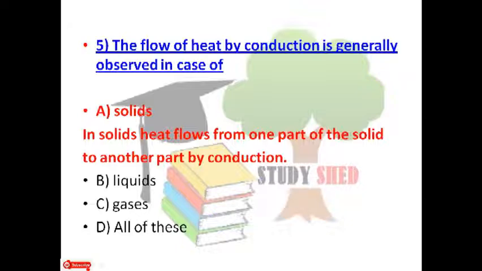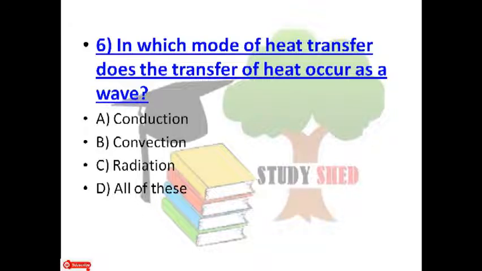Again, conduction means the heat being transferred from particle to particle without actual movement of the particles. Okay, next question, number 6. In which mode of heat transfer does heat transfer occur as a wave? See, this question should be answered correctly because we discussed it already.